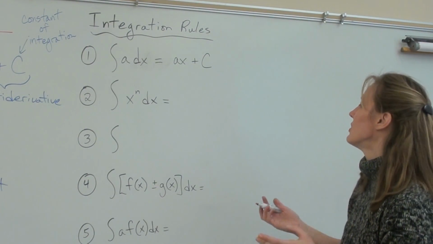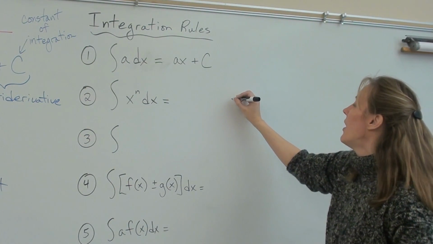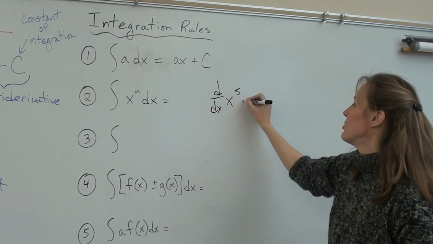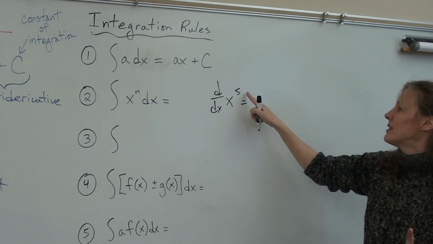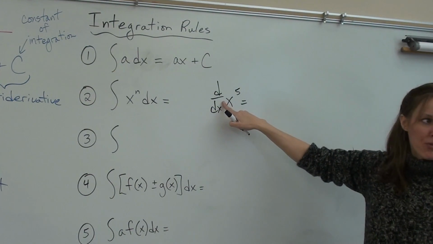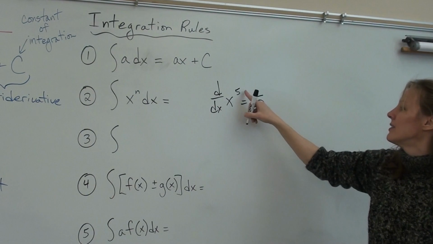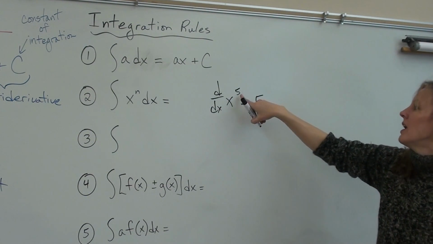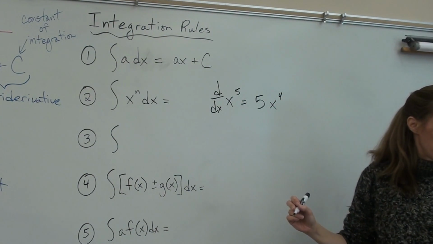When you take a derivative, say the derivative of x to the 5th, the first thing I do is multiply out front by the exponent. Then I subtract 1 from the exponent.